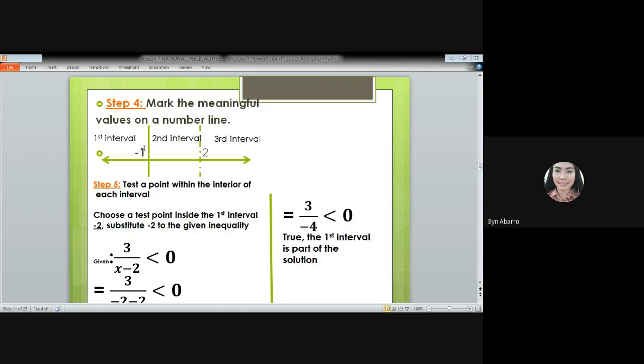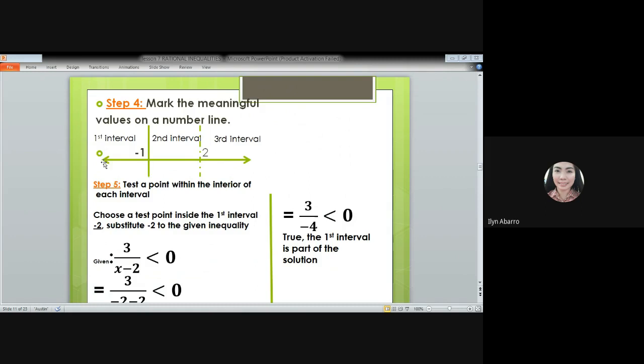The first interval is from negative 1 to negative infinity. The second interval is from negative 1 to less than 2. And then the third interval is greater than 2 to positive infinity.